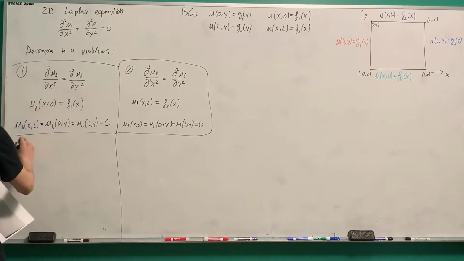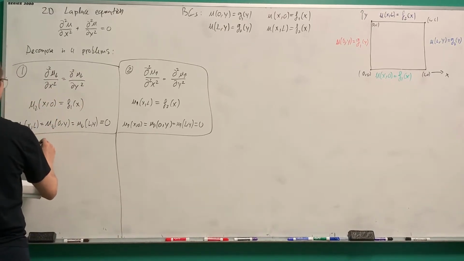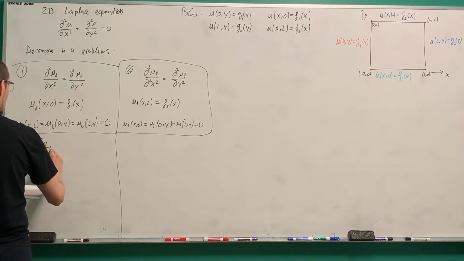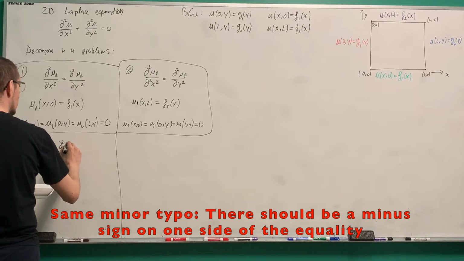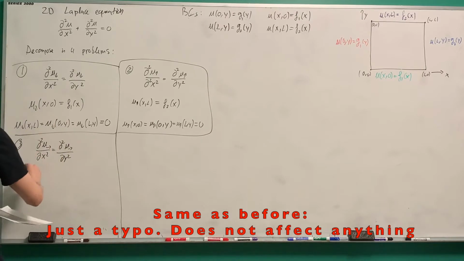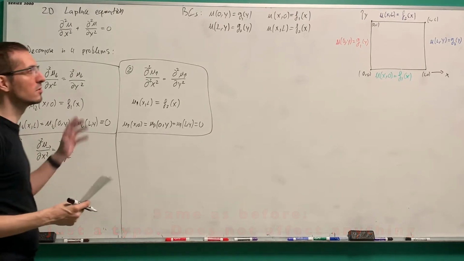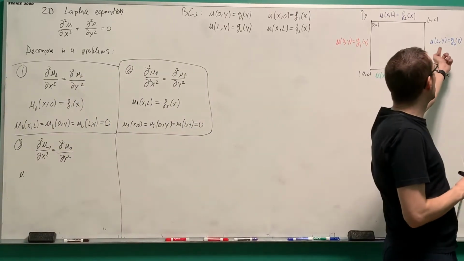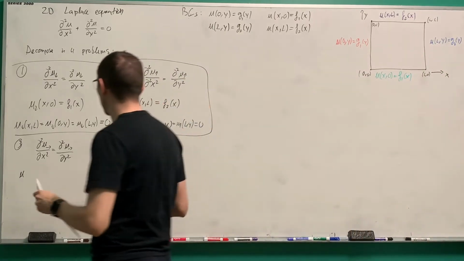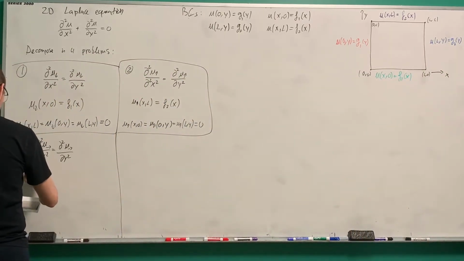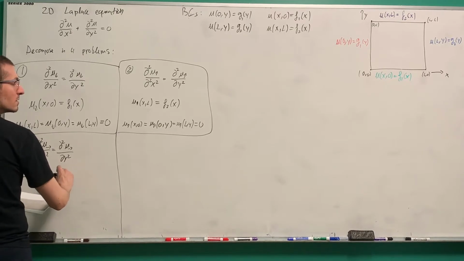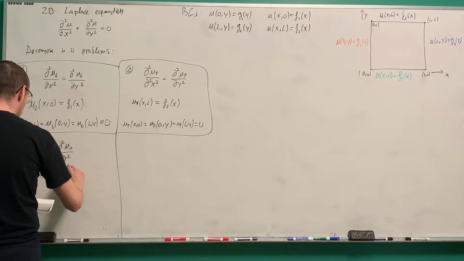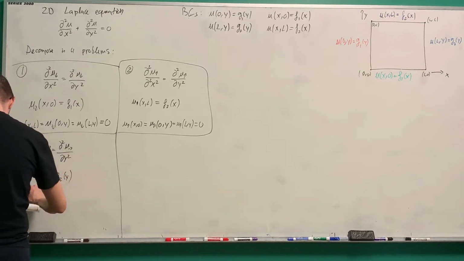We're going to have the third problem, which I'm going to call the right problem. Partial x squared of u right equals partial y squared of u right. This one is going to carry the burden of the condition on the right wall, which is the blue condition here. u right of ly equals g2 of y, and all the others are going to be 0.